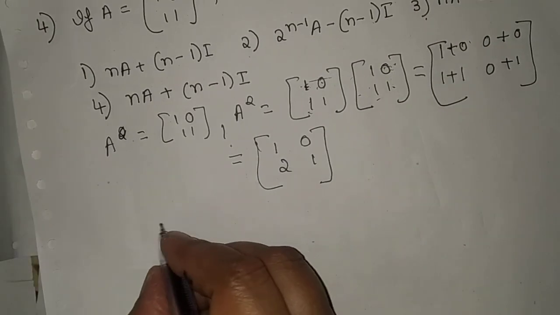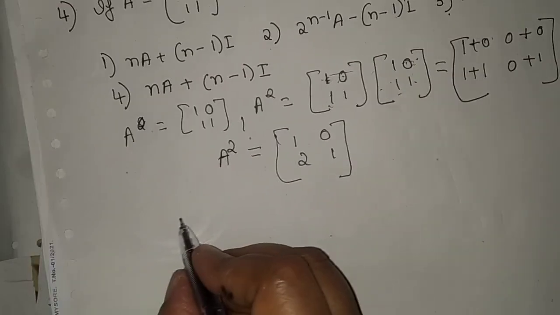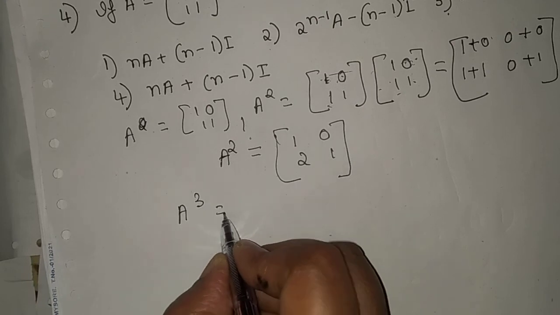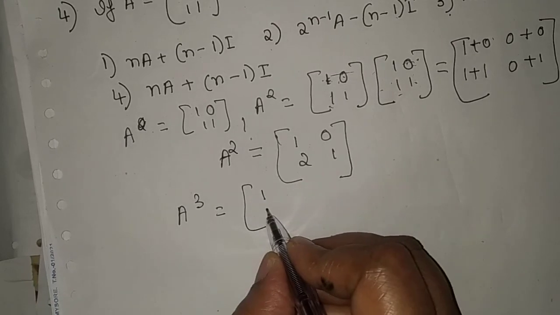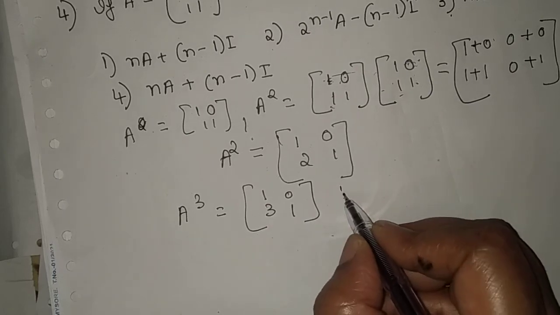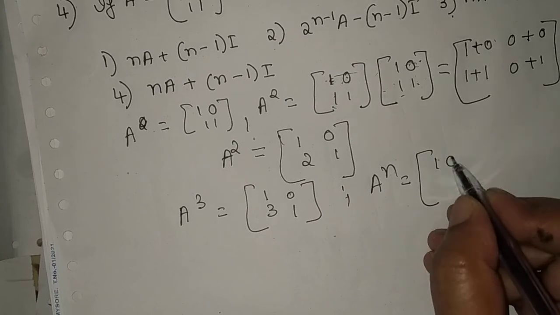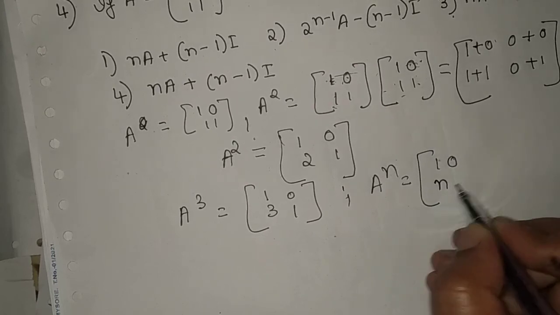Now what is this? It is A square. Now we found out A square, then A cube will be, we can write this one in the form [1 0; 3 1]. Similarly, A power n can be written as how much? 1 0, in place of this n, 1.